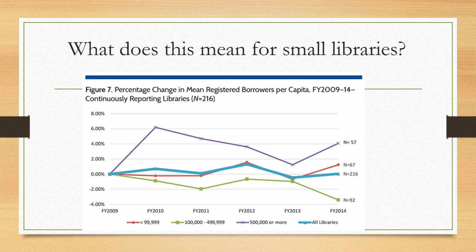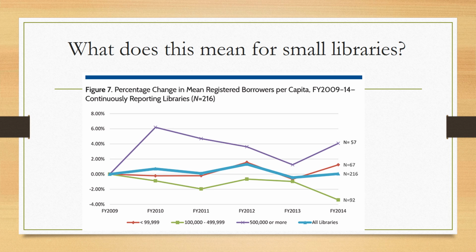All libraries was sort of even between 2013 and 2014, but almost equal to 2009. And very small library usage was up, but sort of medium-sized library usage was down.